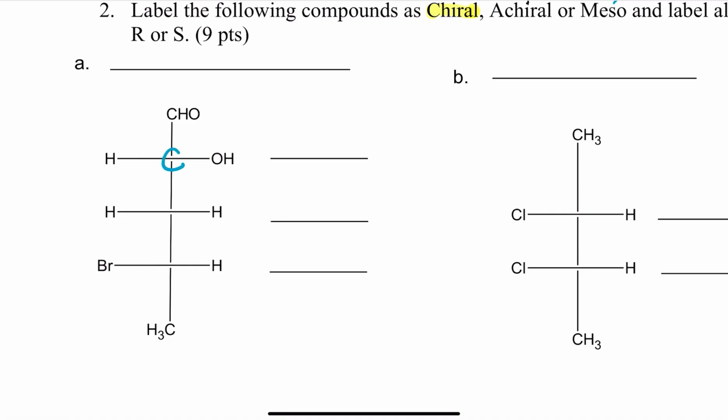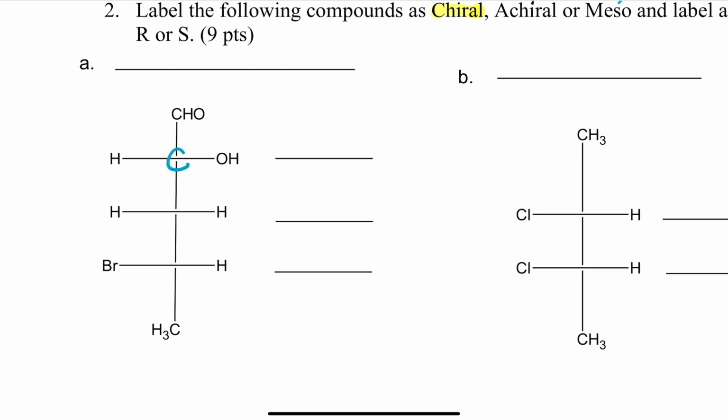Let's look. This carbon, what is it directly connected to? This carbon is directly connected to a carbon, right? A carbon, an oxygen, a hydrogen, and another carbon right here.